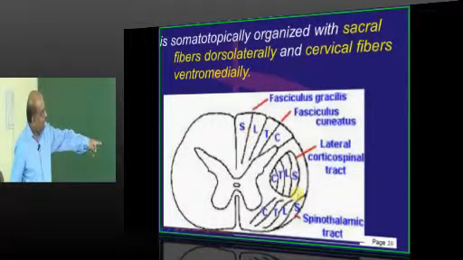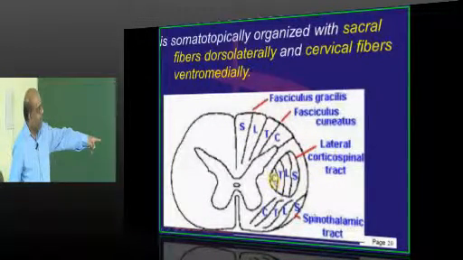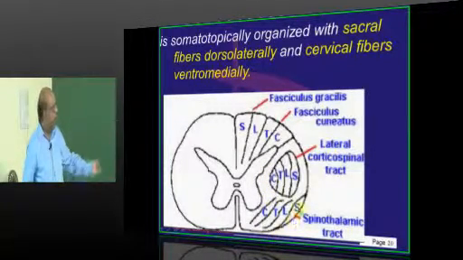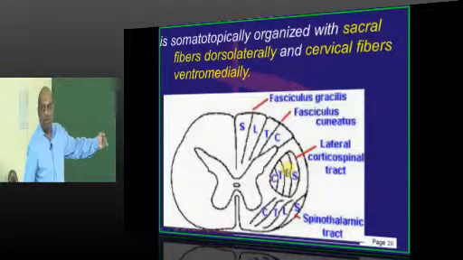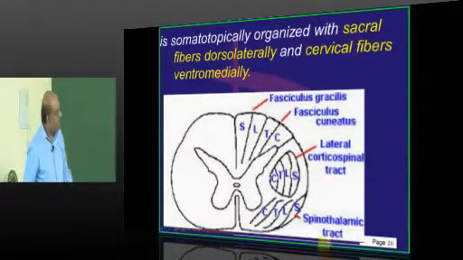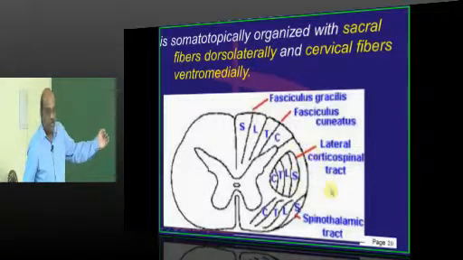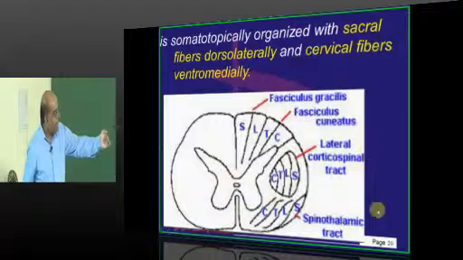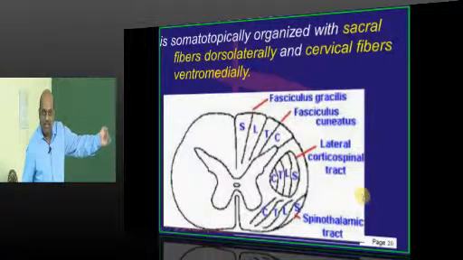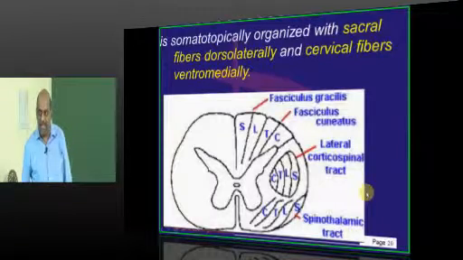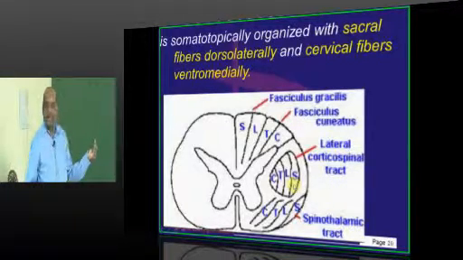So if you look at the lateral spinothalamic tract, how are the cervical fibers, doctor? They are more ventromedial. Sacral fibers are located more dorsolateral. Now tell me, if you are having a lesion compressing the spinal cord, not coming from center but from lateral part, extramedullary compression if it is there, then which fibers get affected first?